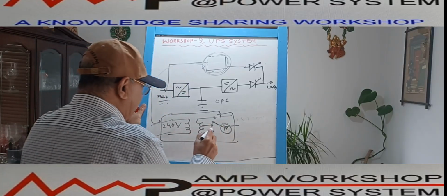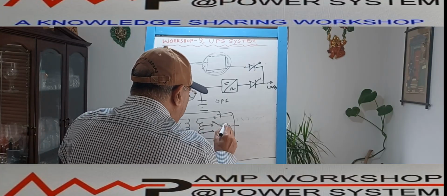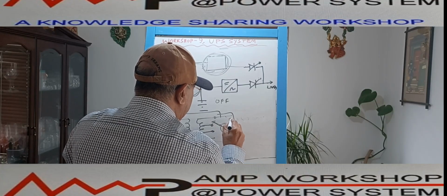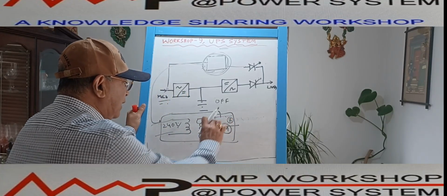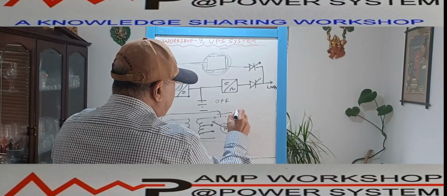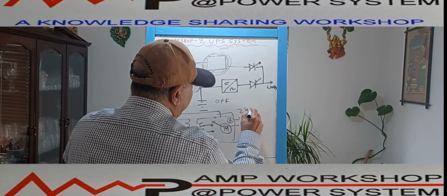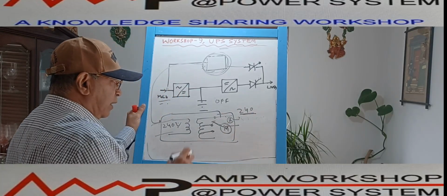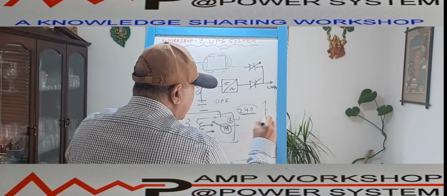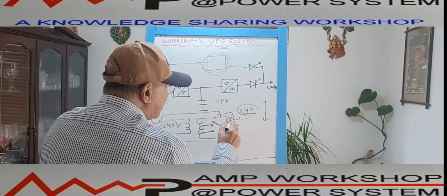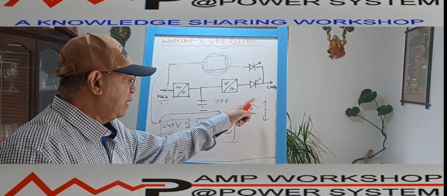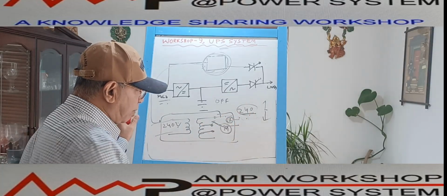Now what is happening? There is a relay connected between these two. This relay is sensing the output voltage. Suppose the output voltage is fixed at 240 volt. The moment this voltage goes up or goes down, immediately this relay is activating. Suppose there are two relays.